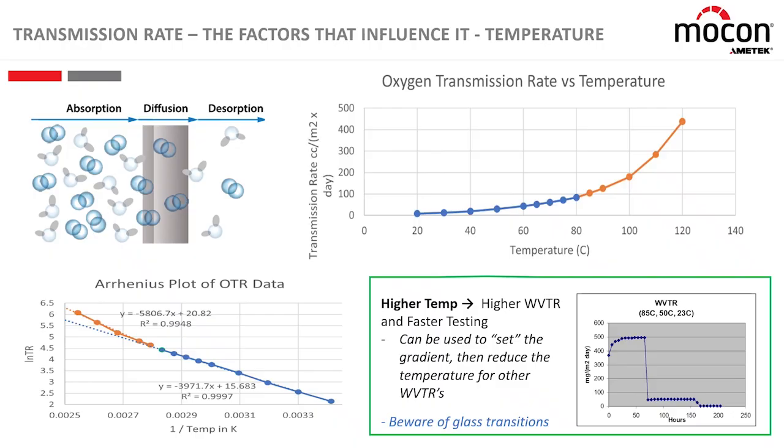But if we were only going to test at 50C, it could have taken much longer than the 100 hours we see here. Or at 23C, it could have been a very, very long test all by itself.